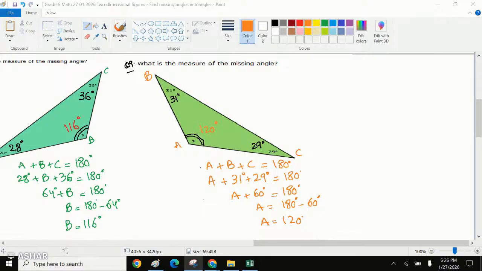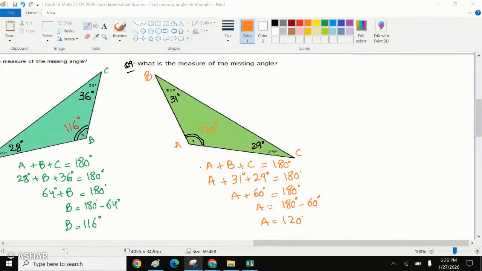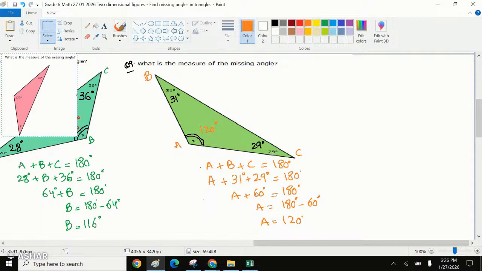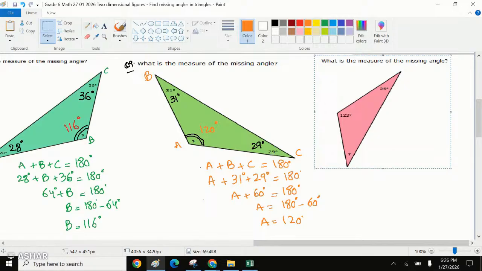Let's say that, what is the measure of the missing angle in this given question? This is the given value for question number 10.